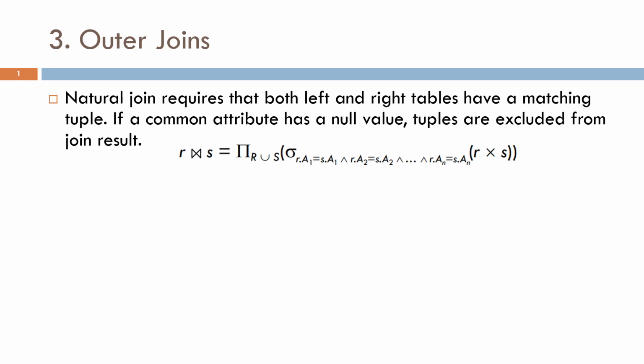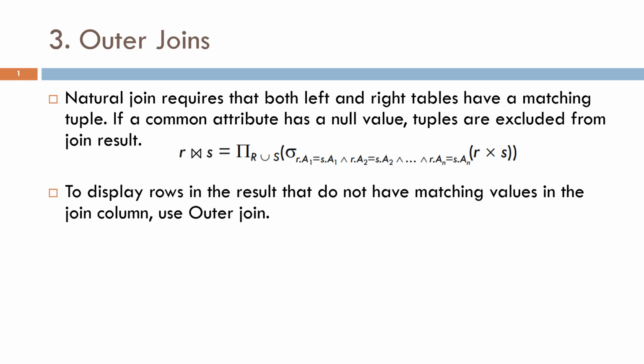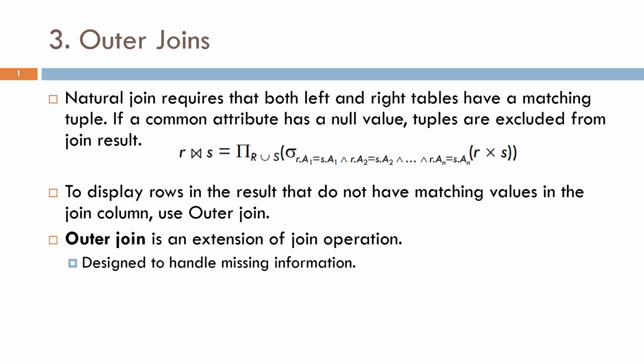However, if a common attribute has a null value, those two tuples are excluded from the join result. To display rows in the result that do not have matching values in the join column, we use outer joins. Outer join is an extension of the join operation. It's designed specifically to handle missing information.